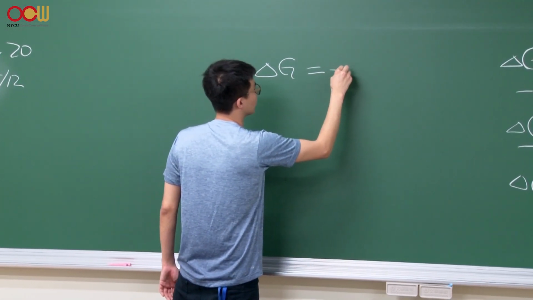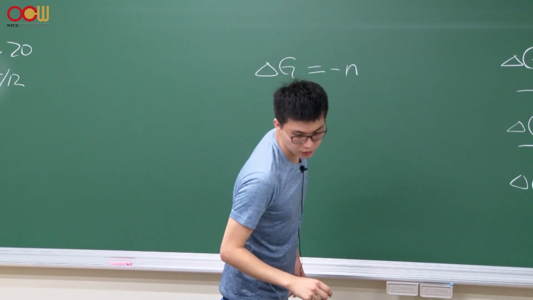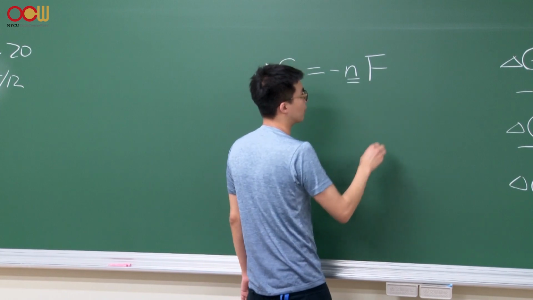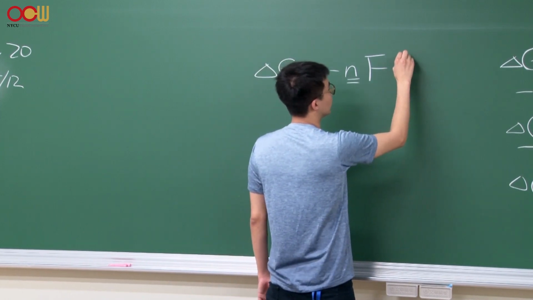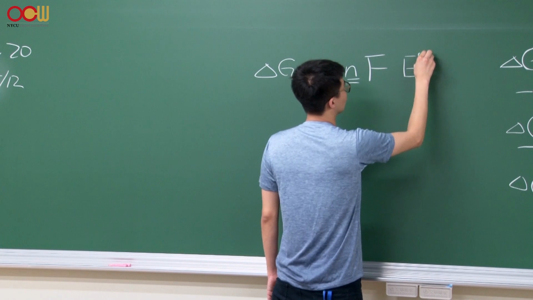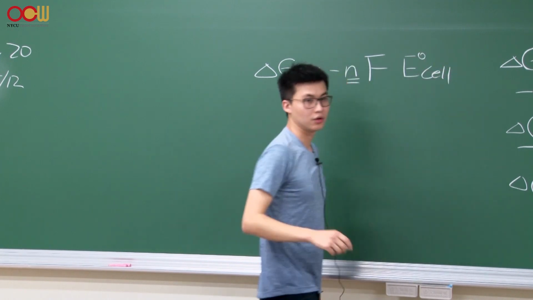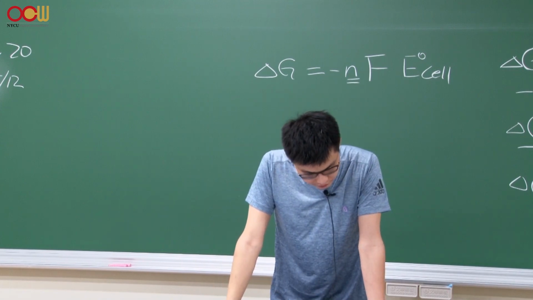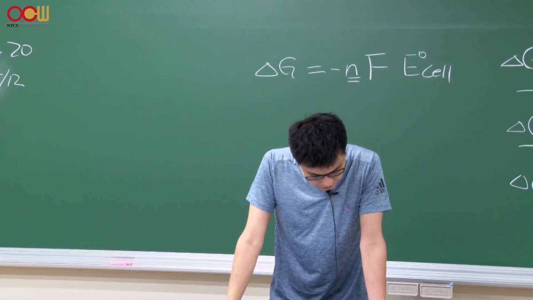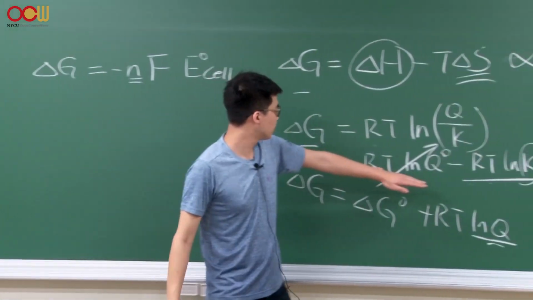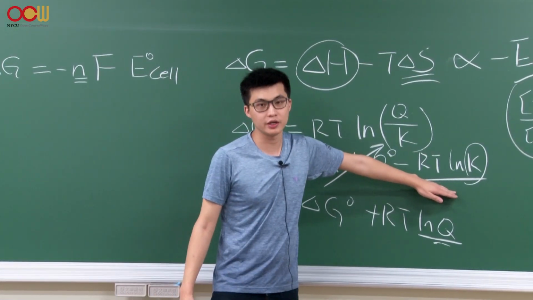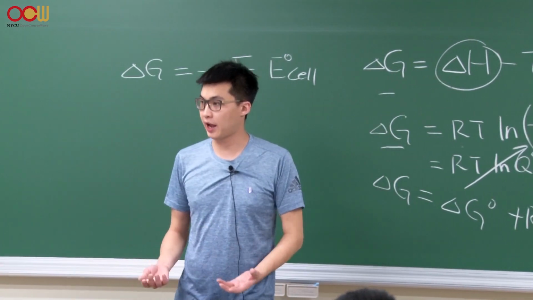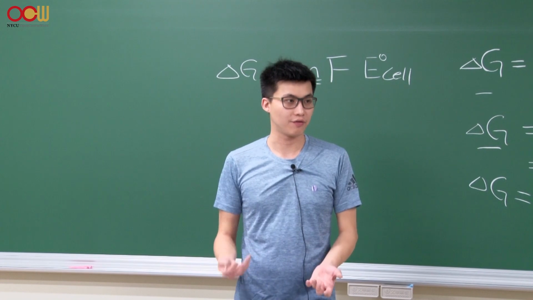It comes down to delta G equal to negative n, the number of electrons involved in the system, times the Faraday constant, times the standard potential of your cell. Using this relationship, and combining it with the equation delta G equal to negative RT natural log of K, you can naturally obtain how much energy is left from a battery.